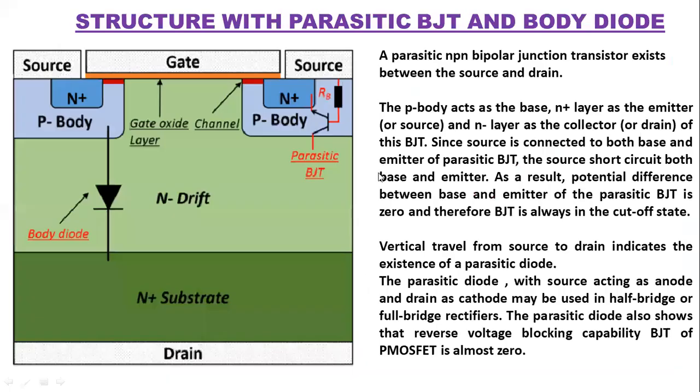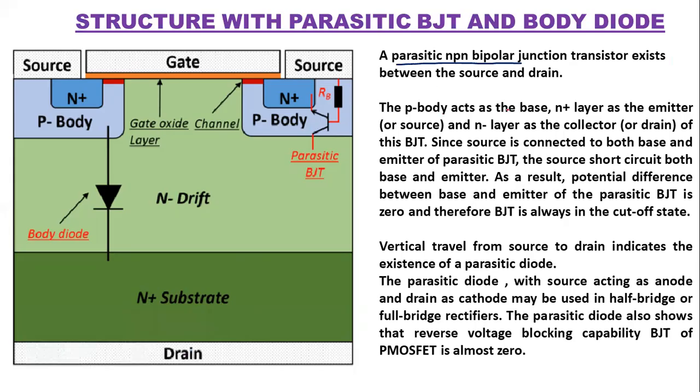Then, if you observe the structure of the MOSFET, you can see that there is a parasitic BJT, a bipolar junction transistor, NPN or PNP, two types. Here there is a parasitic NPN bipolar junction transistor between source and drain.